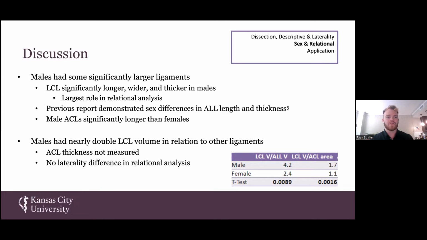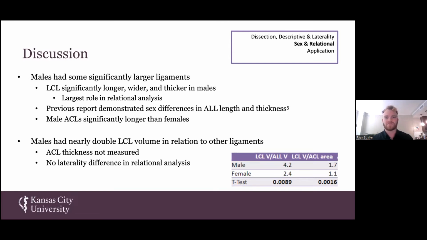And then in terms of the relational analysis, males had this nearly double LCL volume in relation to their other ligaments when compared to females. And unfortunately, we weren't able to measure the thickness of the ACL in this study, so we had to compare its area, whereas the other ligaments, we were calculating volume.